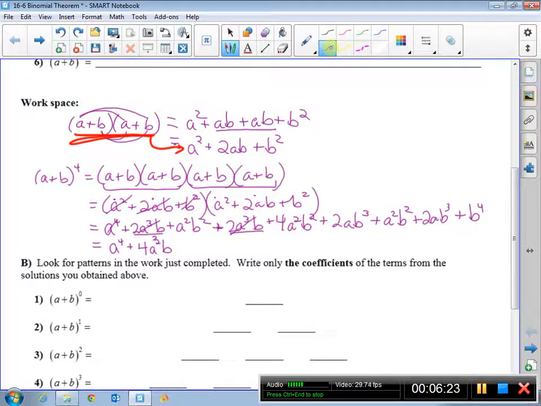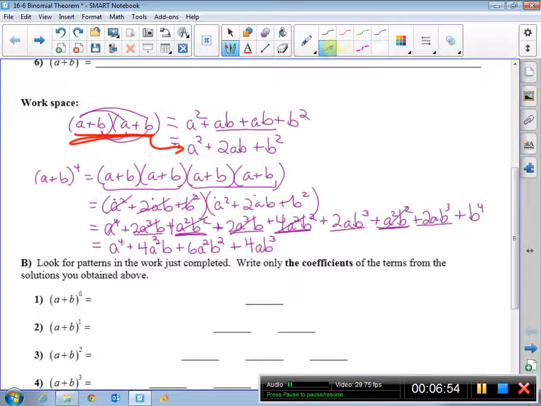For a squared b squared, I've got this one, and this one, and this one. So I've got 1a squared b squared plus 4 plus 1 is 6a squared b squared. Okay, those are done. And then I've got 2ab cubed plus 2ab cubed.